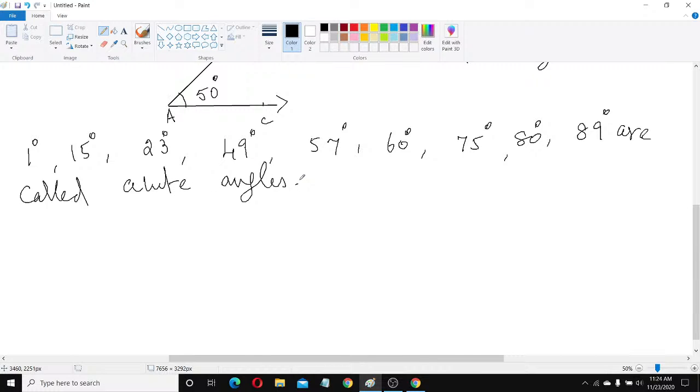Now we will go to another type, children. First type, right angle. An angle whose measure is exactly 90 degrees is called right angle. Second one, acute angle. An angle whose measure is greater than 0 degree and less than 90 degrees is called acute angle. Now third one, children.